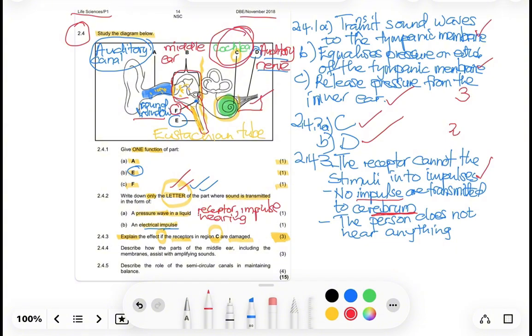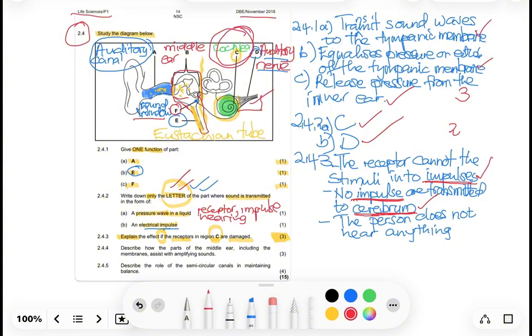We don't say message. When we are talking about impulses, the correct term to use would be impulse. And also transmitted to, some people would just say to the brain. We need to specify which part of the brain, and that part of the brain is the cerebrum. So no impulses will be transmitted to the cerebrum, right? That is where the other mark is.